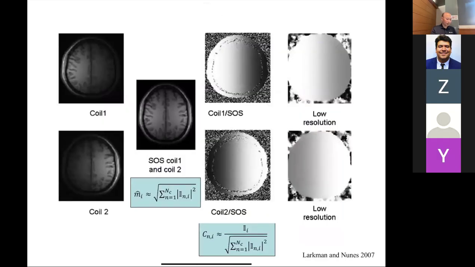And it turned out the solution is very simple. It's the sum of squares, where here coil one sees something, here coil two sees something. I take each one of those, take the magnitude and square it, then sum them up and take the square root, and I get a pretty good looking image.